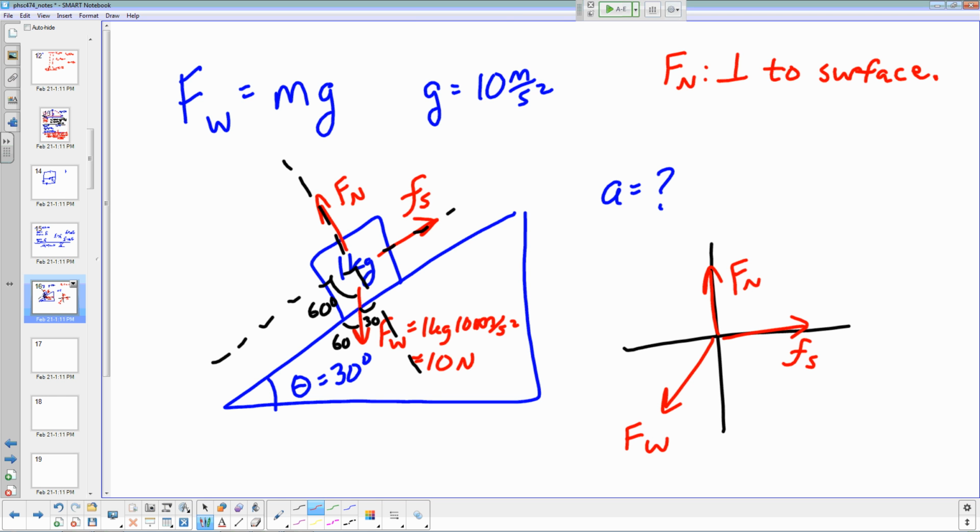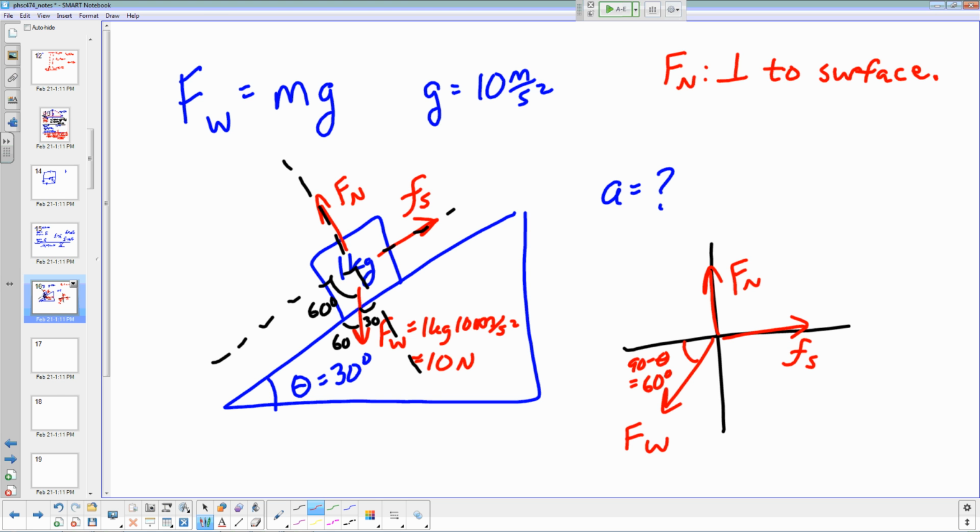And Fw is at 90 minus theta, which in this case is 90 minus 30, or 60 degrees. I think that's probably the easiest way to do it, because you remember your x and y components: the x is sine or cosine? It's cosine, and the y component is the sine or tangent? It's the sine, yeah. Okay, so I think it's easier to do your angles like this with the inclined plane.